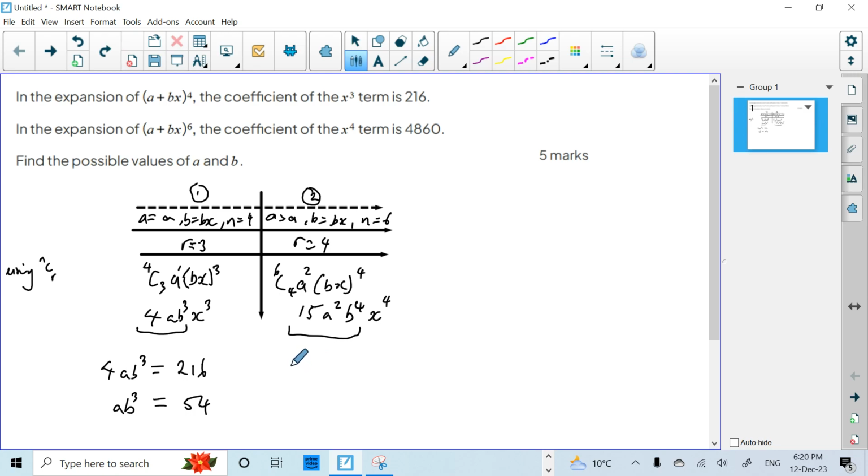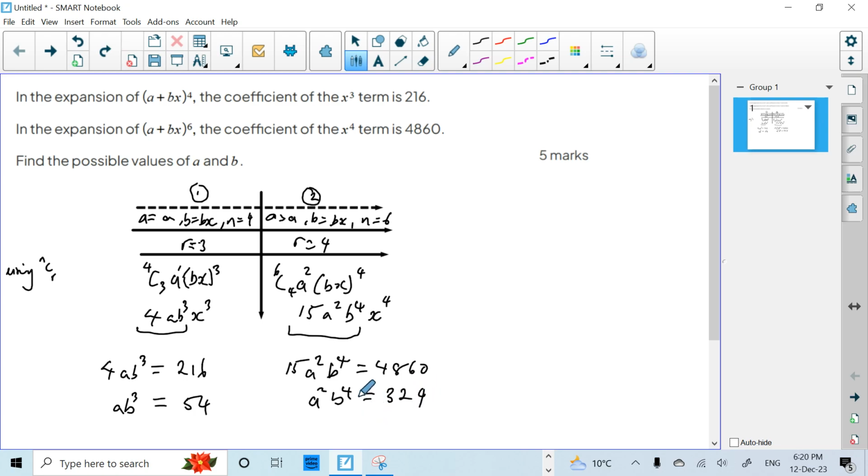Now on the right hand side, I've got 15a squared b to the power of 4, which is equal to 4,860. If I divide by 15, I've got a squared b to the 4 is equal to 4860 divided by 15, which gives me 324.